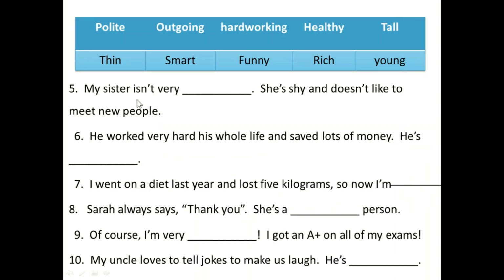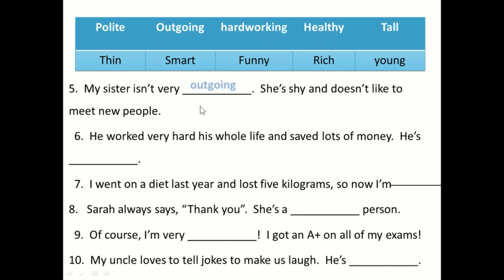Then we have my sister isn't very dash, she's shy and doesn't like to meet new people. Okay, so if she doesn't like to meet new people, she isn't very outgoing.